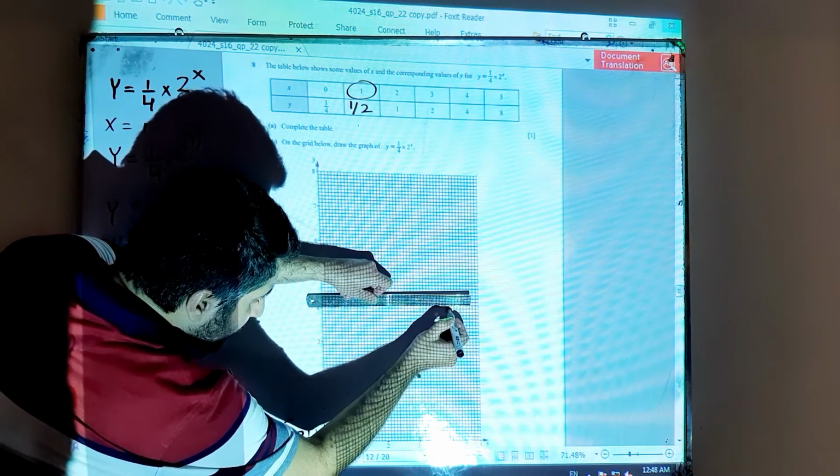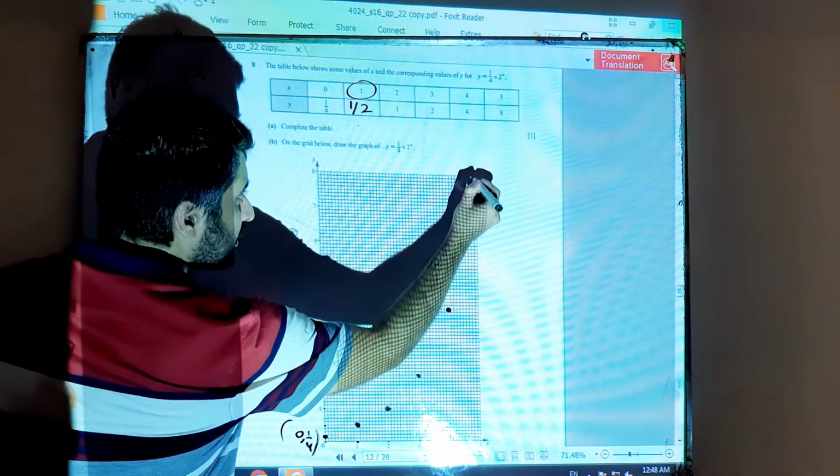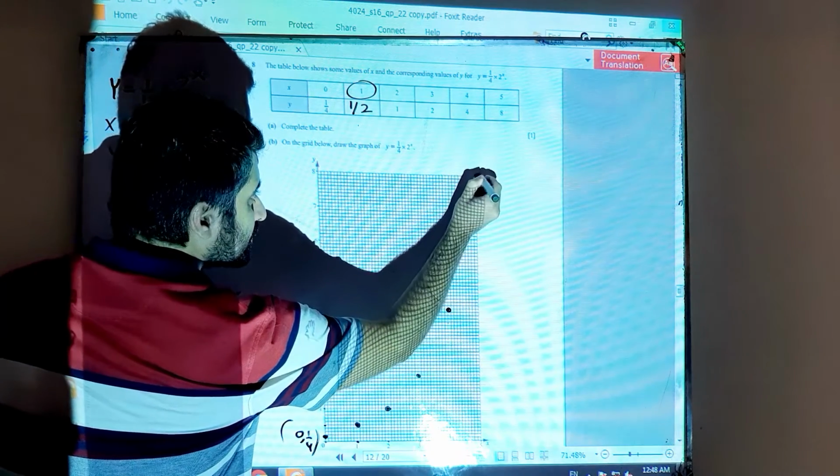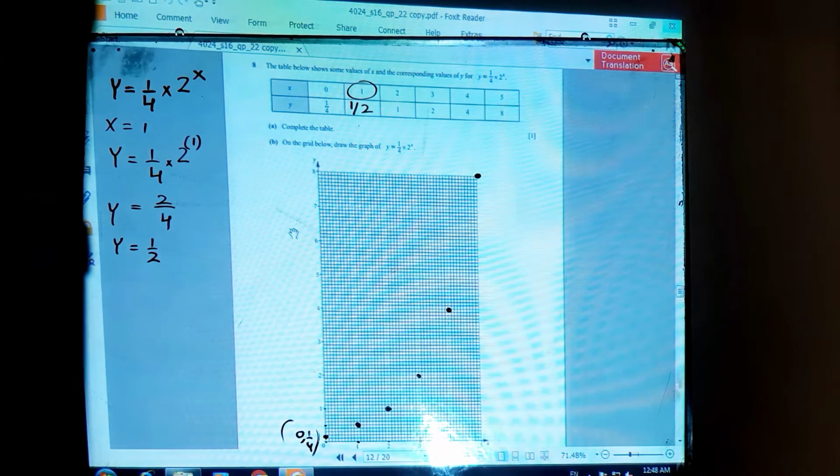And then when x is 5, y is this one. Now you need to join them with a smooth curve.